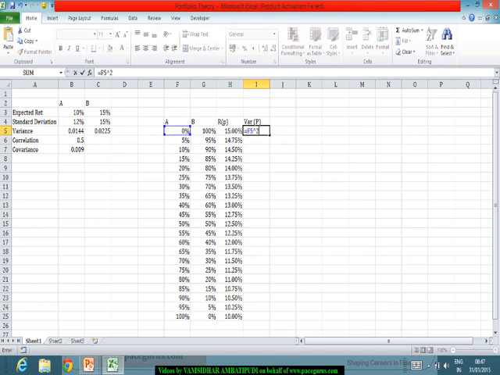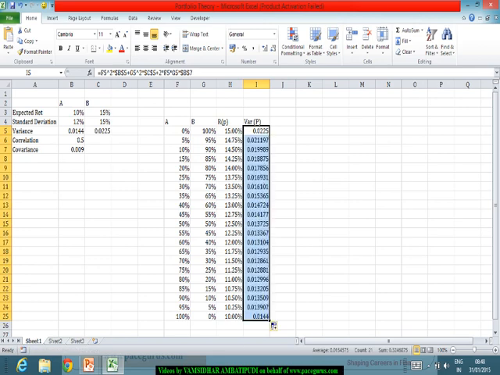WA squared variance of A, plus WB squared variance of B, plus 2 times WA times WB times covariance between A and B. So this has given me the variance of the portfolio going with this formula.